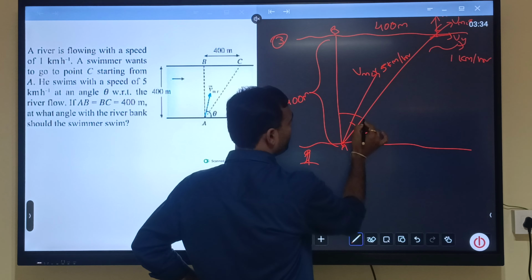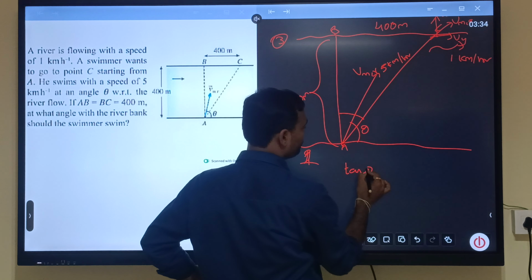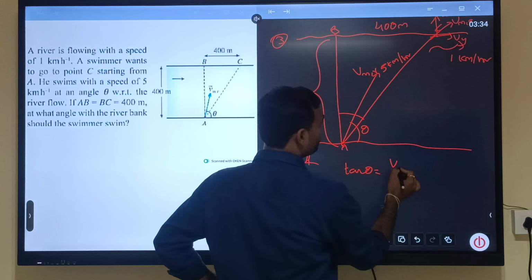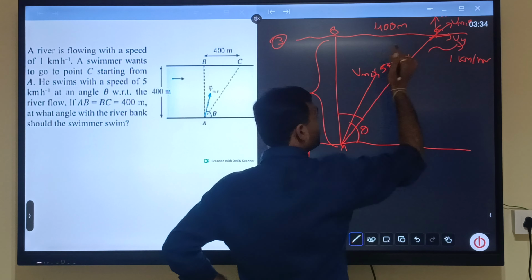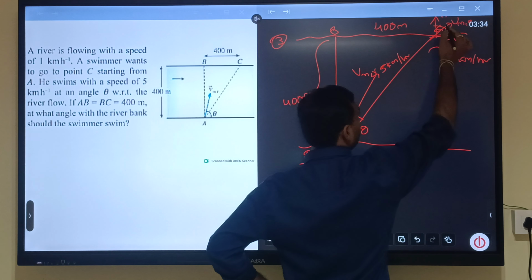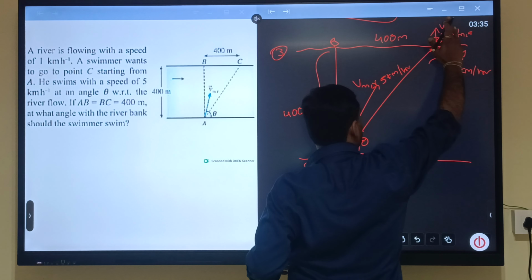Now, from the diagram, we can say tan theta is equal to Vy by Vx. Sorry, one second.